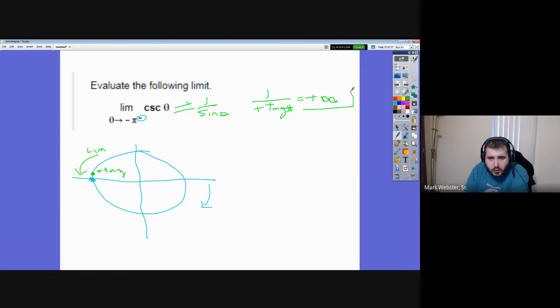Again, this diverges to positive infinity. If we were coming from the other way, that would be coming from a negative number. So that would be negative infinity. But we're coming from the more negative numbers going this way, right? Not coming from the more positive numbers going this way.